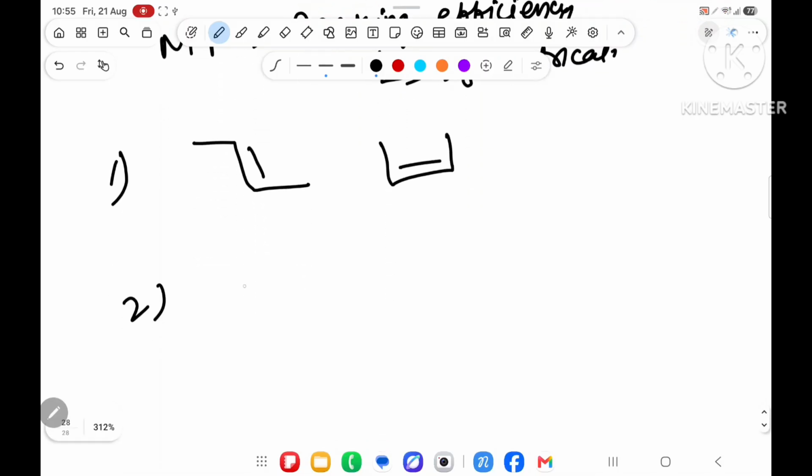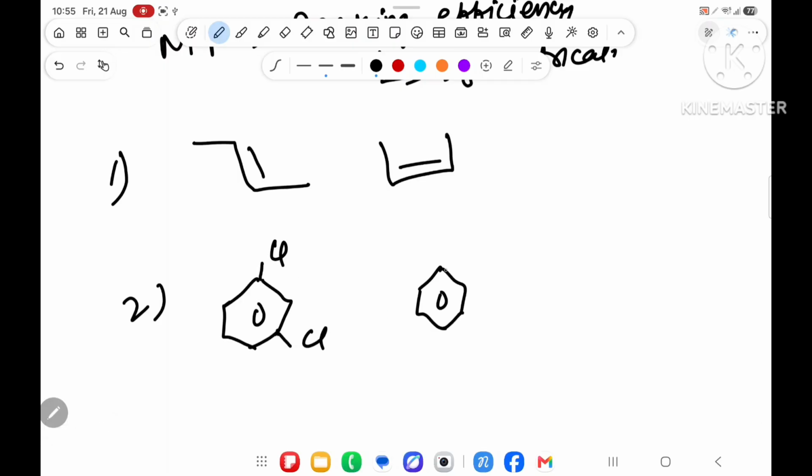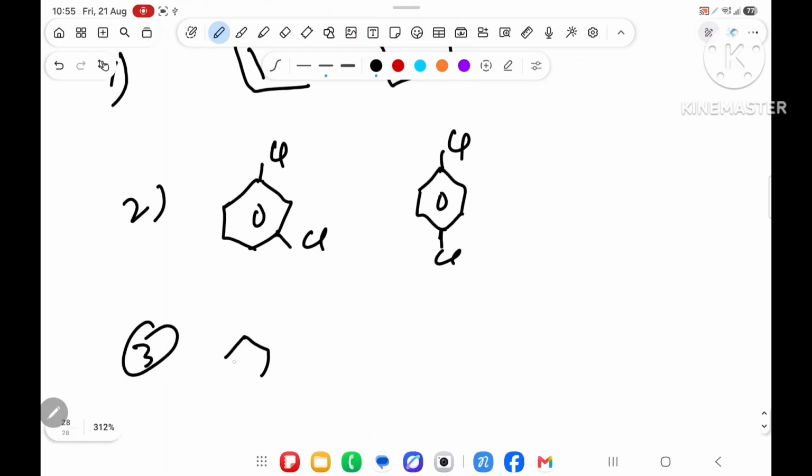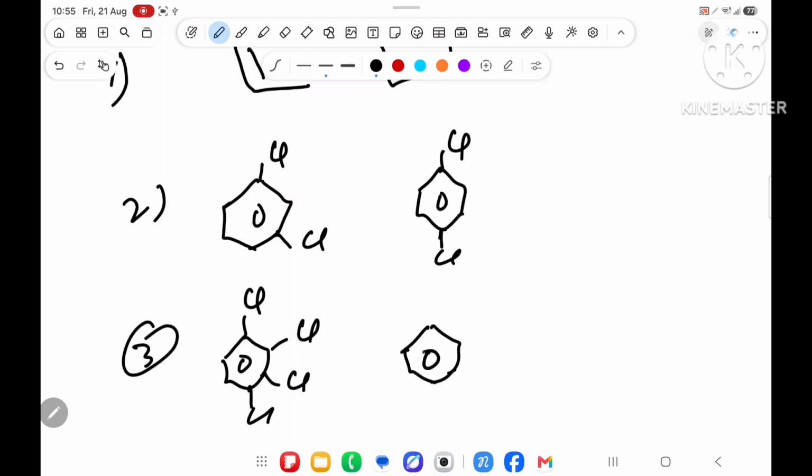Second question, a ring with Cl here, Cl here, and over here Cl here, Cl here. Third question, a ring with Cl here, Cl here, Cl here, Cl here, and another ring with Cl here, Cl here, Cl here and Cl here.